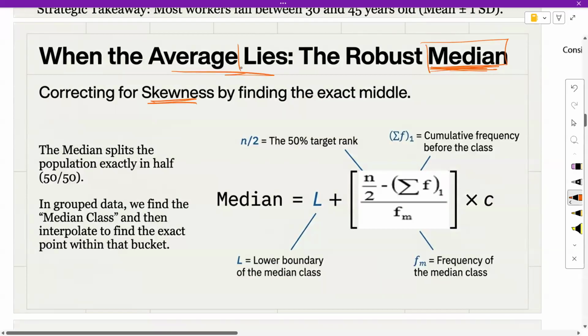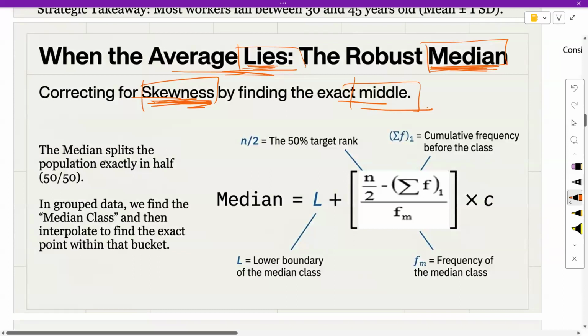Sometimes the average may give an inappropriate conclusion or interpretation when the data is skewed or has some outliers, so taking the average is not appropriate. We correct for skewness by finding the exact middle value.